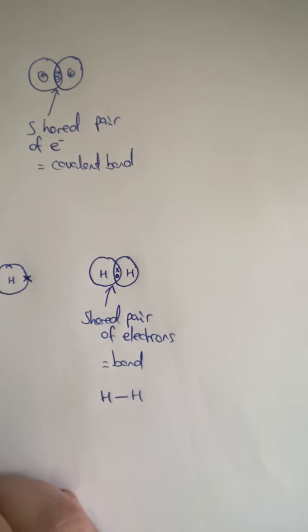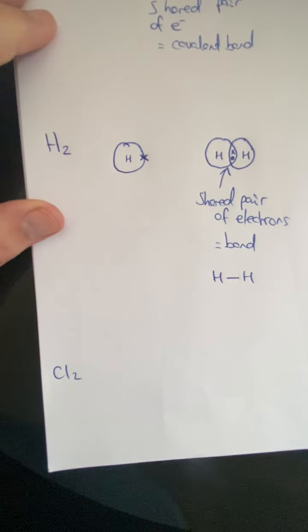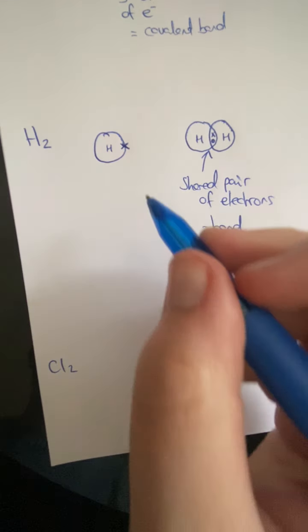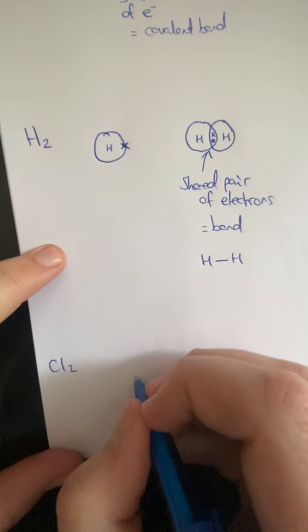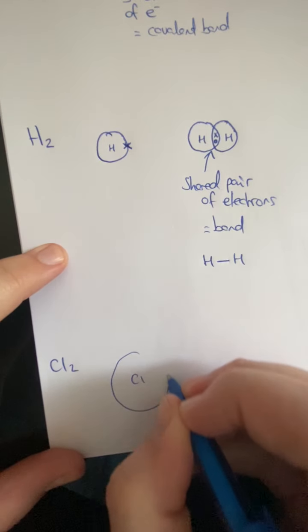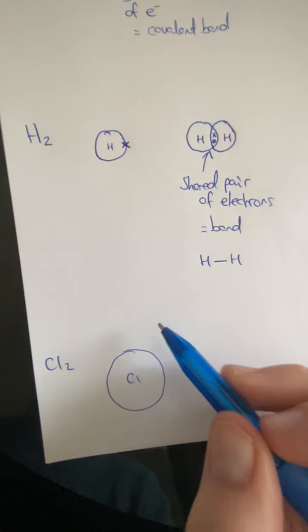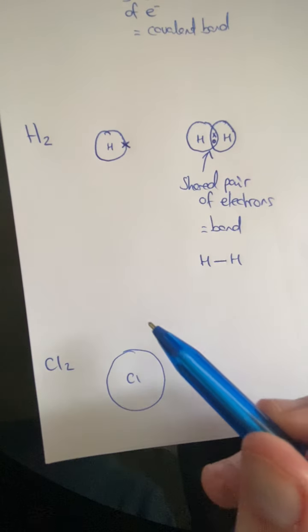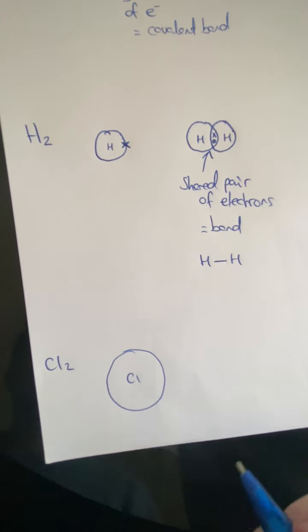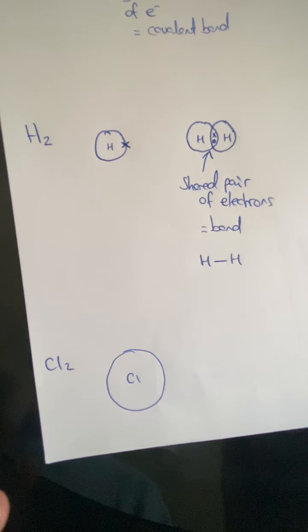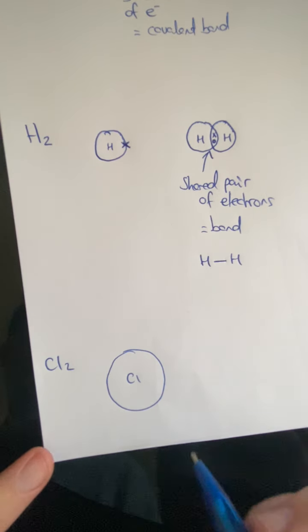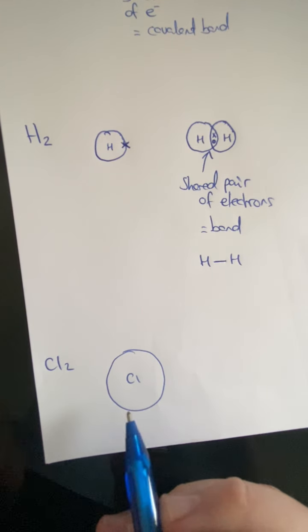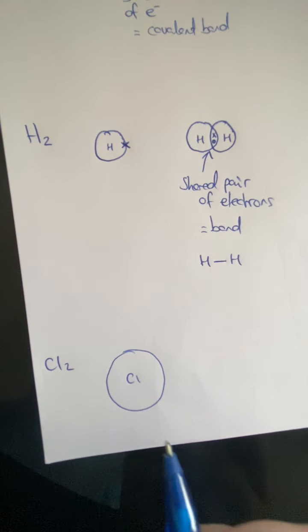Then you have Cl2, chlorine. Again, draw your outer electron diagram, just like you have here. So put Cl in the middle. Now Cl will be bigger because it can hold more electrons and it's got more shells, one outer shell but more energy levels in total. From the data booklet you can see that the electron arrangement is 2, 8, 7.